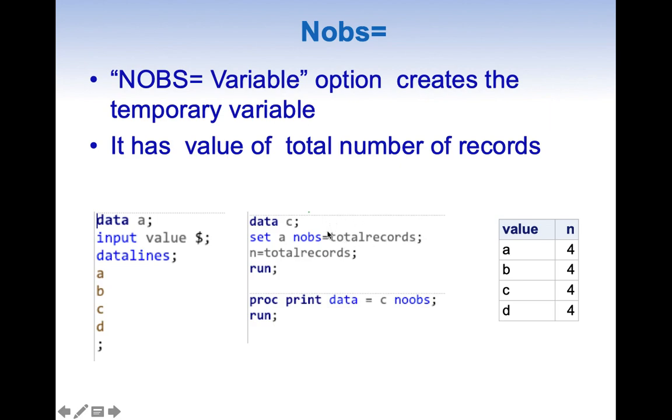Here the total records is our temporary variable. We can capture the temporary variable value into a permanent variable. Here we can see that the permanent variable value has been captured and the value is 4. Bottom line, the NOBS= variable option just picks up the total number of records.